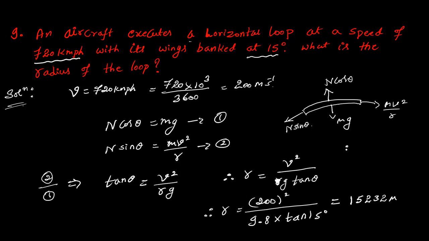In other words, we can tell in terms of kilometer that it is 15.23 kilometer. So this is the radius of the loop made by the aircraft.